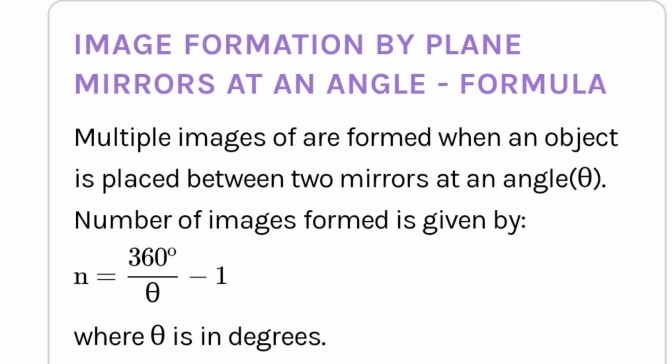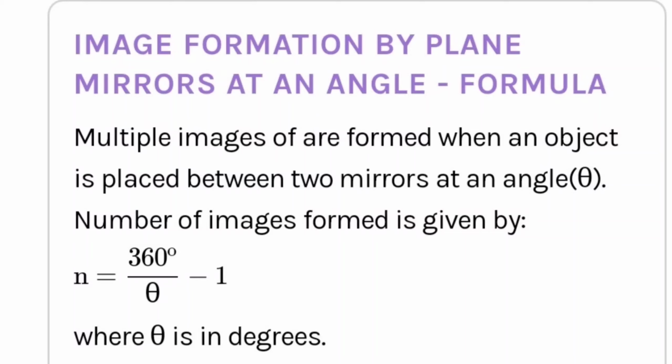If you set up two mirrors in such a way that they make an angle between them, you can take any angle. Suppose I am taking the angle as 90 degrees. If you keep the two mirrors such that the angle between them is 90 degrees, then in place of theta you put 90 degrees. The formula becomes n equals 360 by 90 degrees minus 1.